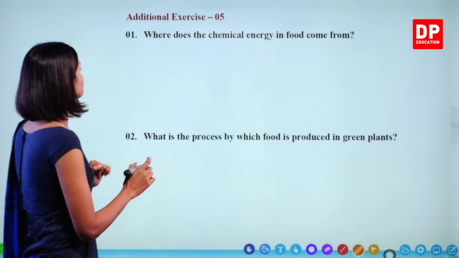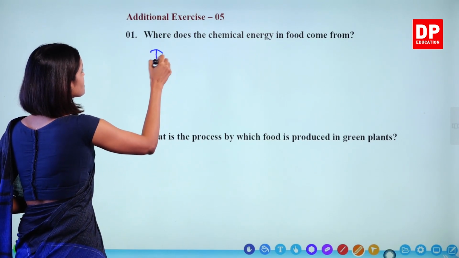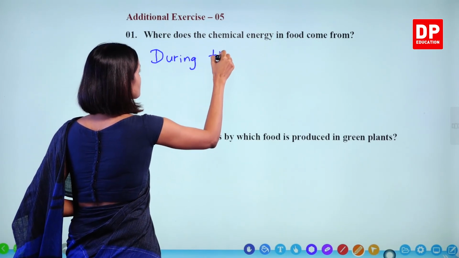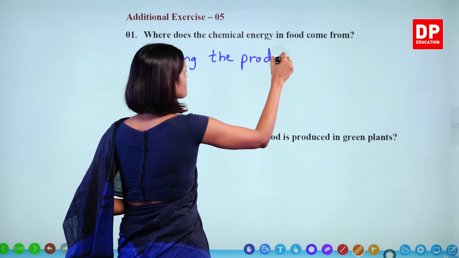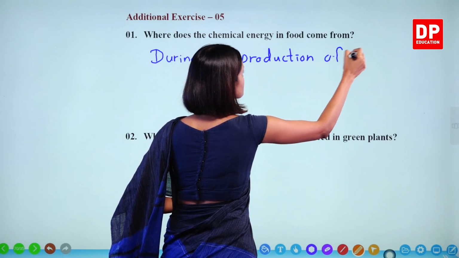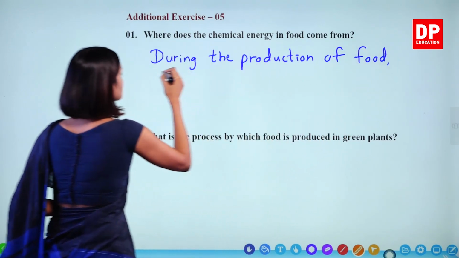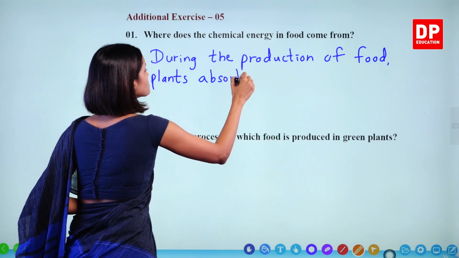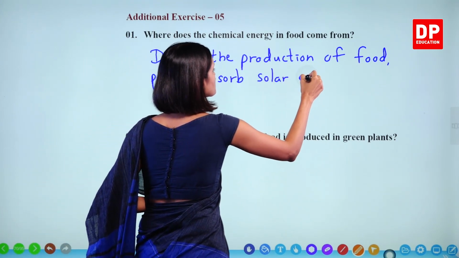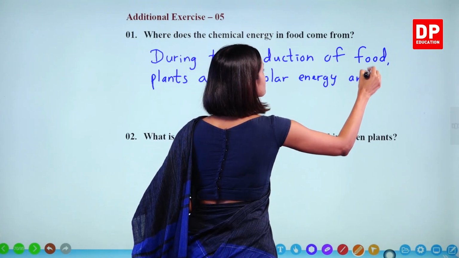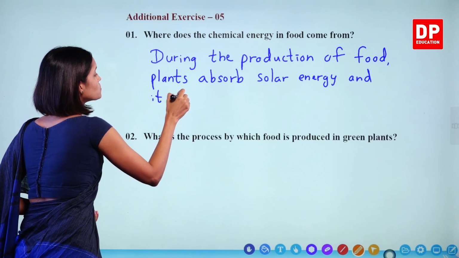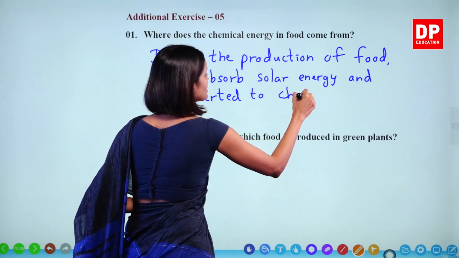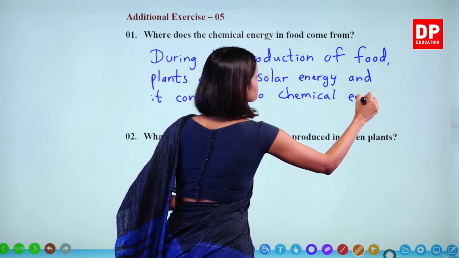Okay, let's write. During the production of food, plants absorb solar energy and it is converted to chemical energy in food.